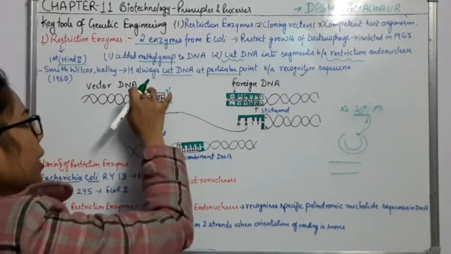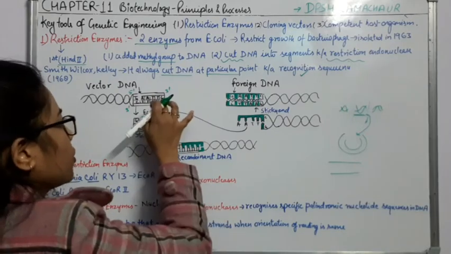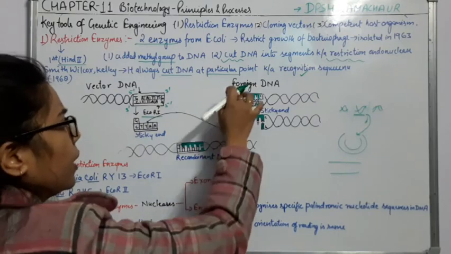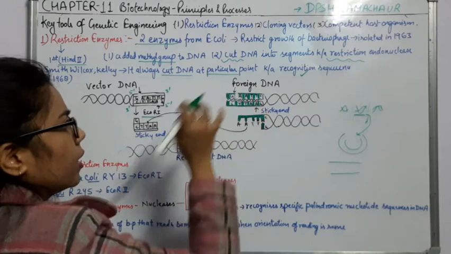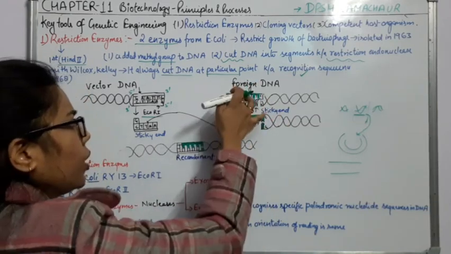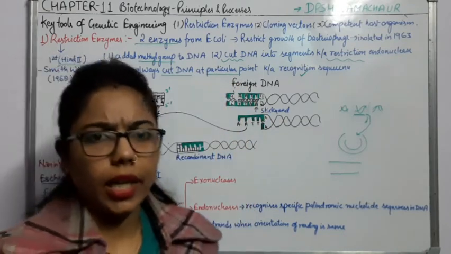It will break the bond between G and A here, as well as here. In the same way, it has broken down the bond between G and A here, as well as in this part. So what you can see here is somehow a stretching hand.